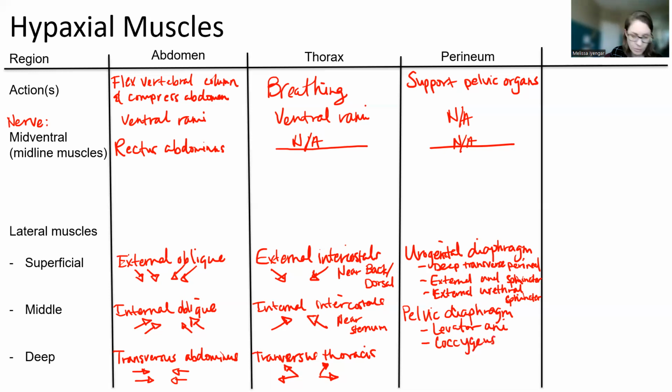I always have a hard time with the spelling of coccygeus. It's so weird. And then the deepest layer is where your muscle actually gets transformed into a connective tissue sheet. So now our transversus abdominis isn't actually a muscle. Instead, it's just connective tissue called the transversalis fascia.